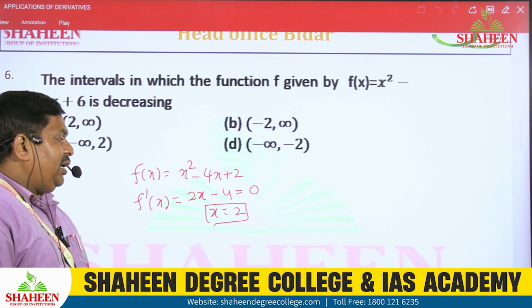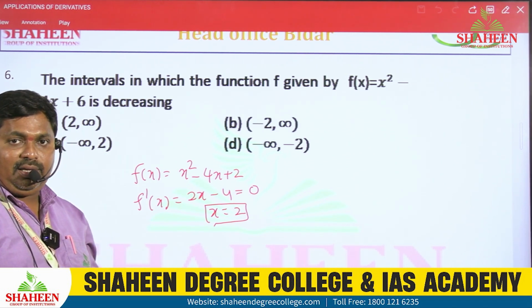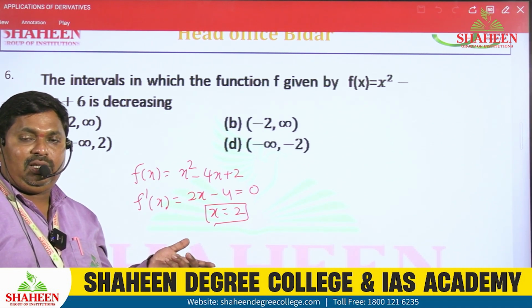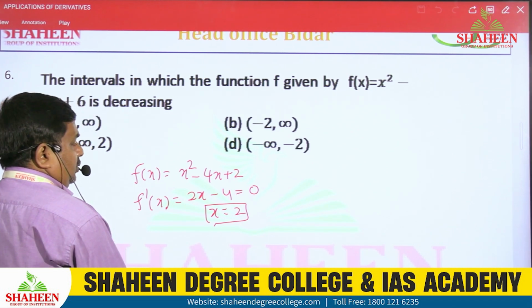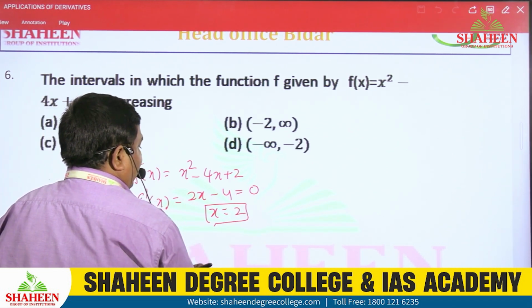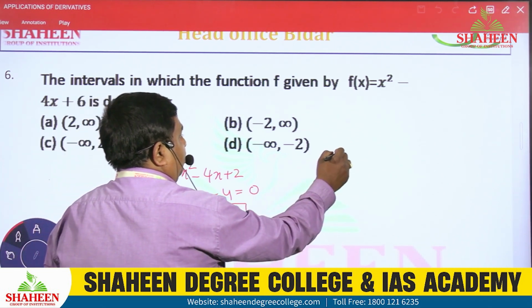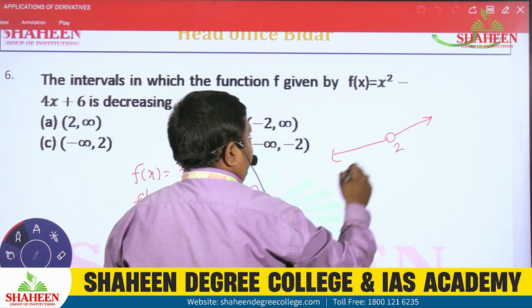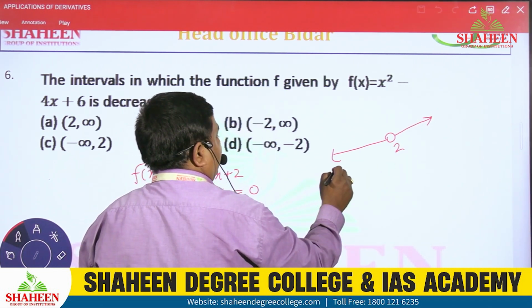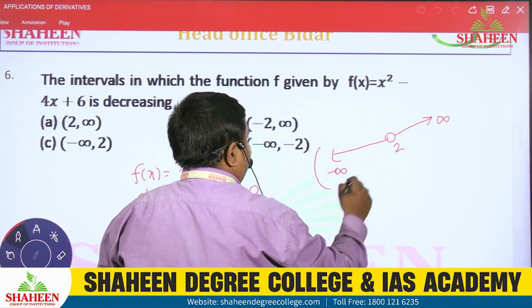So we are checking in which interval it is decreasing. If we take a number line on which the point 2 is lying, with minus infinity on the left side and plus infinity on the right side, then there are two intervals.